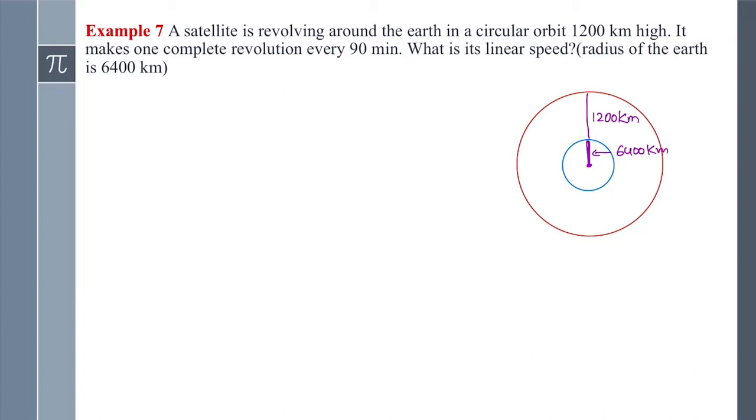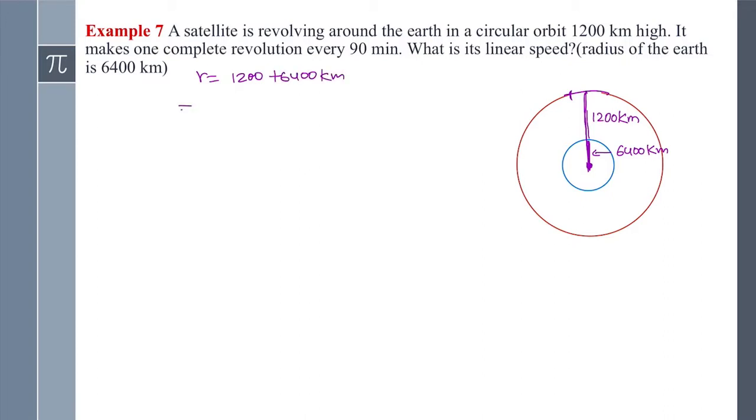Now, for this satellite going around the Earth, we can forget about the blue circle. For that satellite, the circle is the red circle, and the radius for that satellite is this distance from the center of the Earth, which is the center for the big circle. So the radius is actually 1200 plus 6400 kilometers.